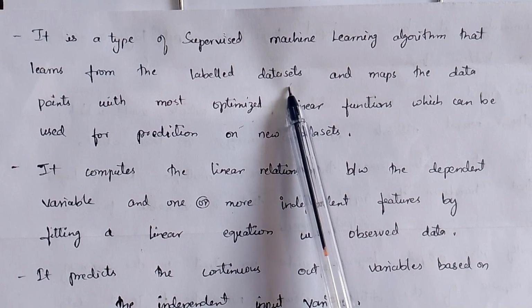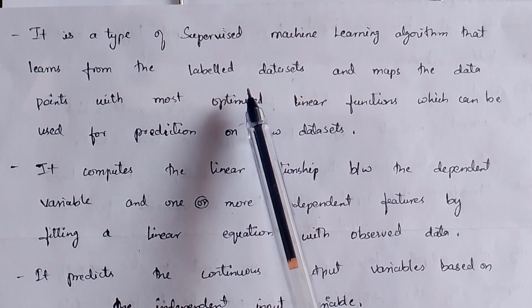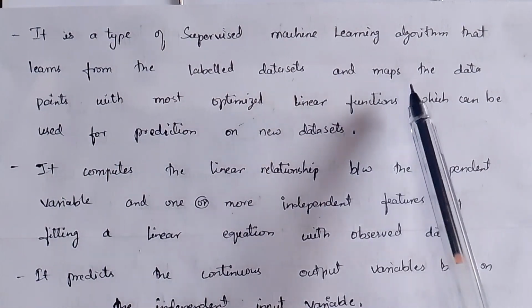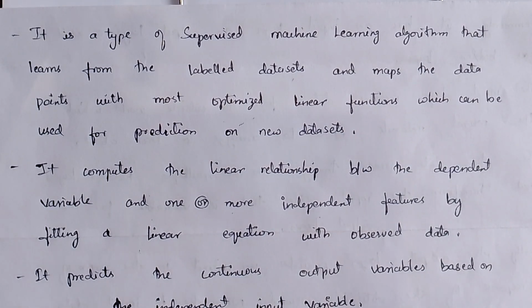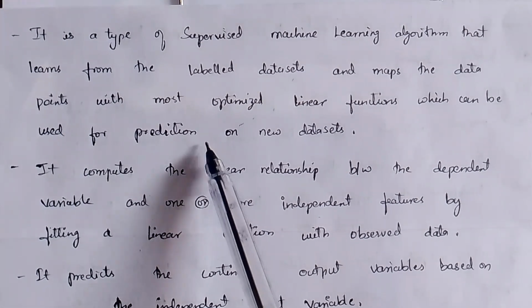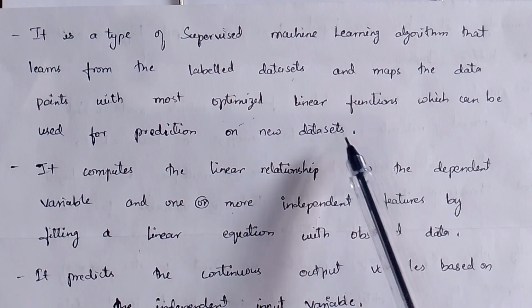As supervised learning itself works on labeled data, linear regression also uses a labeled data set and maps the data points with the most optimized linear function, which means the function with the most minimal error, which can be used for prediction. So these are used for prediction on the new data set which we provide.